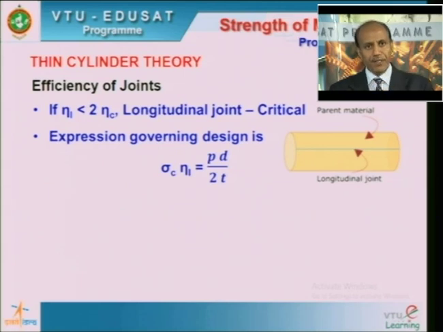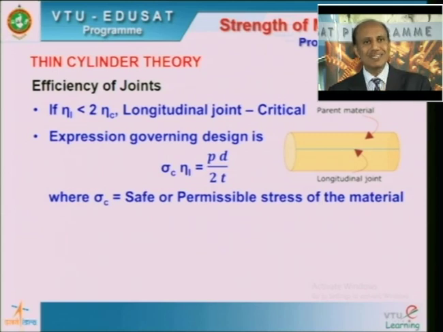Another important thing you need to understand is that the value of sigma c is equated to the safe or permissible stress of the material. That means you cannot allow sigma c to exceed the permissible stress of the material. So, it is very important.